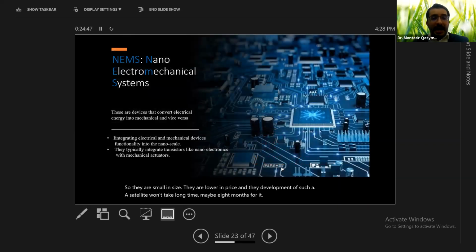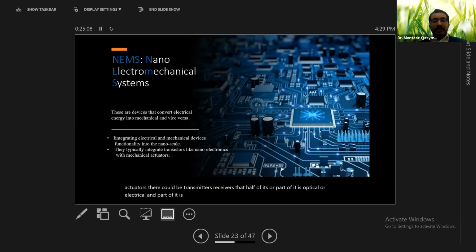Now, NEMS are actual systems that are based on nanotechnology. It's nano electromechanical systems. These kinds of systems could be sensors, actuators, transmitters, receivers, where part of it is optical or electrical and part of it is mechanical.